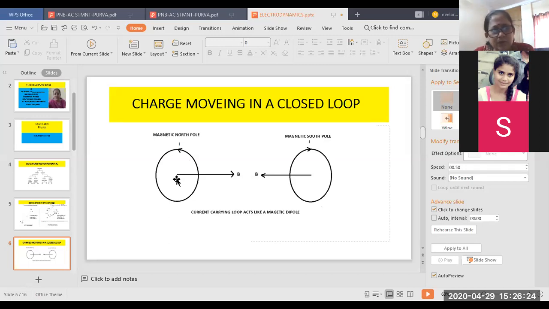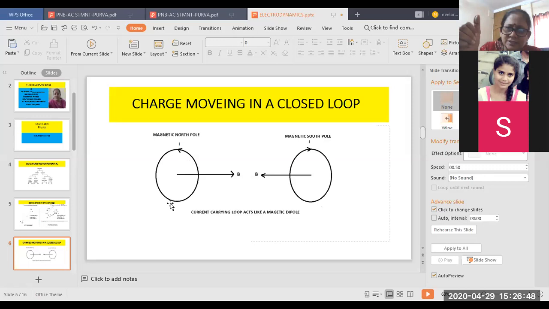Now you see, this is Lenz's law. You raise your right hand and close all four fingers. The direction of the tips of your fingers shows the direction of the flow of the charge, so it is a closed path.